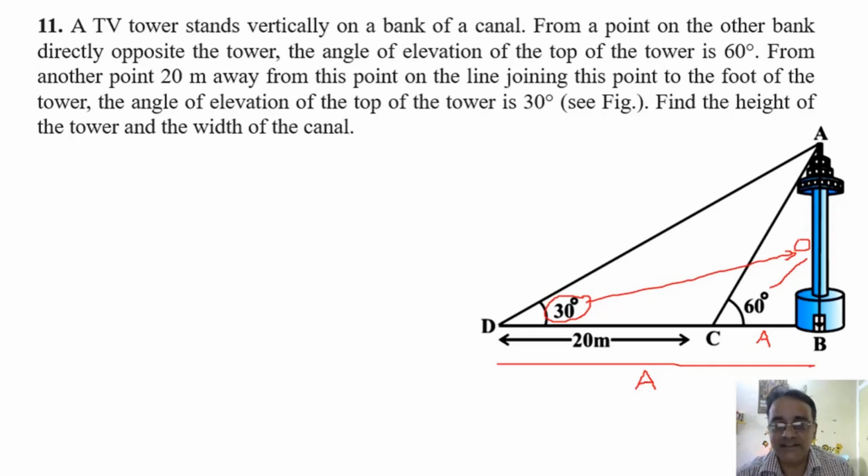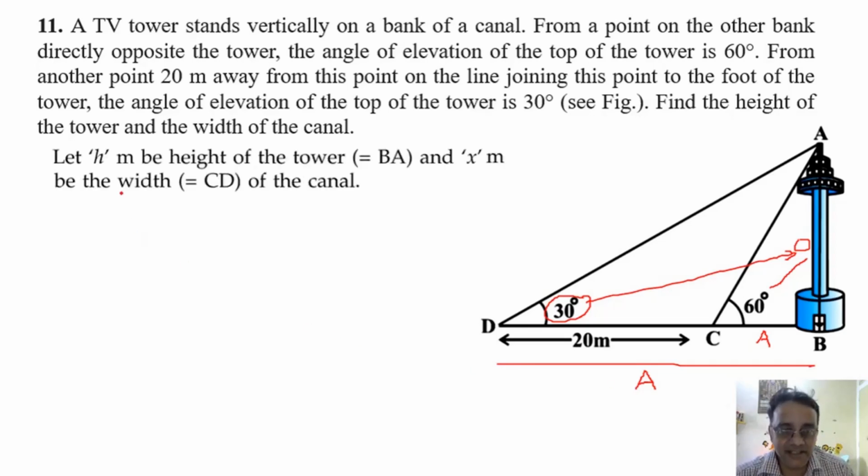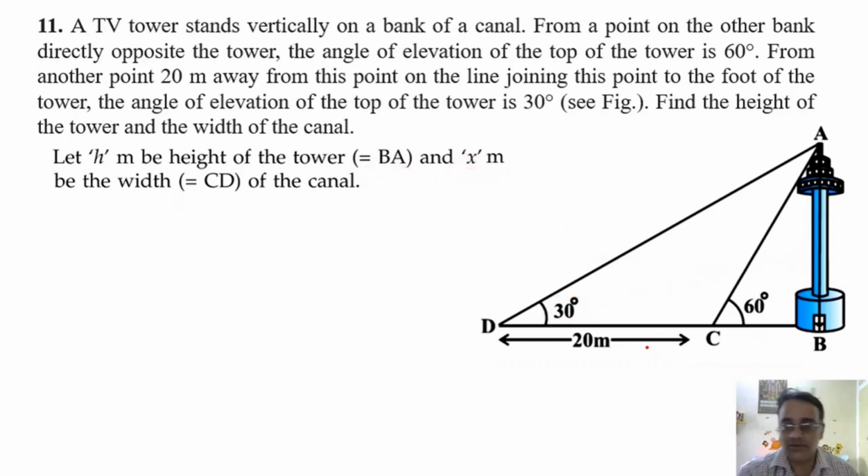Okay, so let us see the write up. Let h meter be the height of the tower, that is BA, and x meter be the width of the canal. So we take this as x, and this is height h, right?